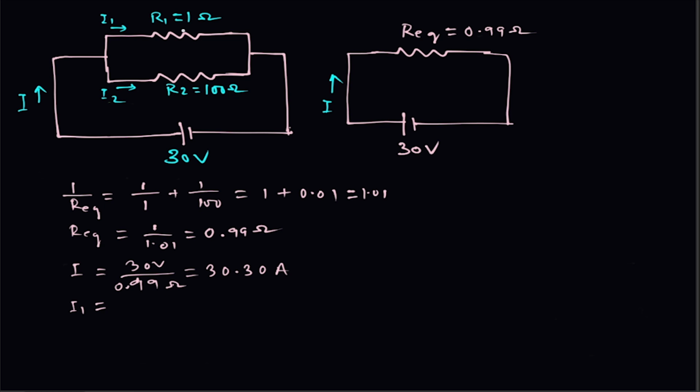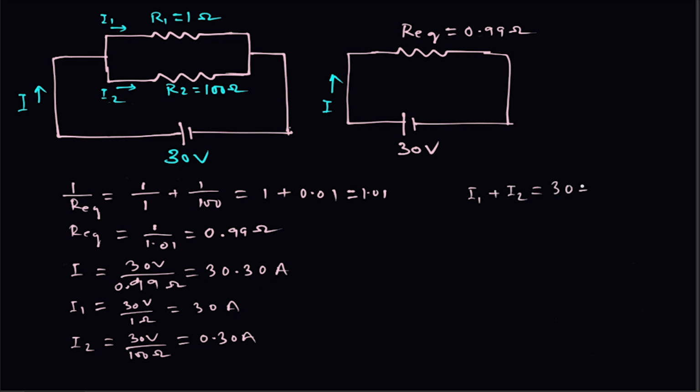So you can find out I1 applying the Ohm's law again to these resistances independently. I1 is equal to voltage across this divided by this resistance, that is 30 volt divided by 1 ohm, that is 30 ampere. And I2 will be how much? That is the same voltage, 30 volt across R2 also, 30 volt divided by 100 ohm, that is equal to 0.30 ampere. Now you can see that I1 plus I2 is equal to how much?